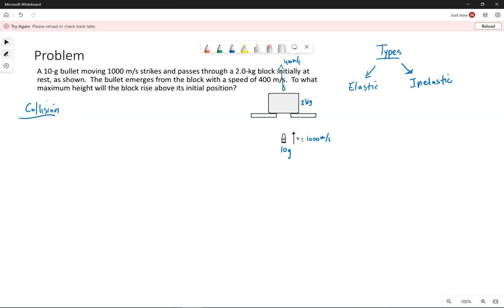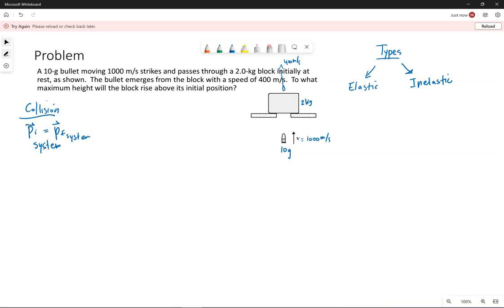There is the subset that is perfectly or totally inelastic, meaning the objects stick together, which is not the case, because this problem tells us the bullet emerges from the block, so it continues on. The difference between our types of collisions is not whether or not momentum is conserved. Momentum initial of a system has to equal the final momentum of a system for any collision at all.